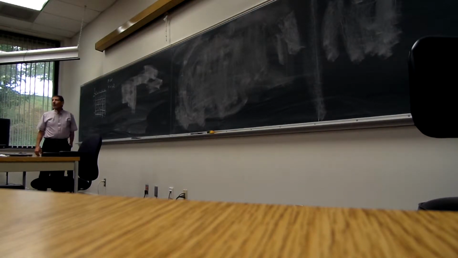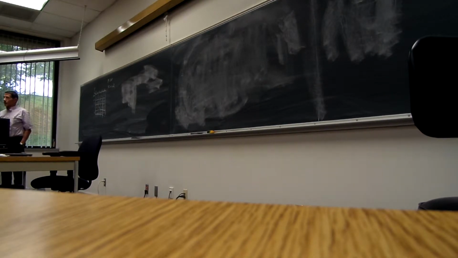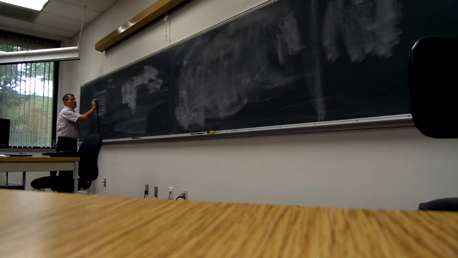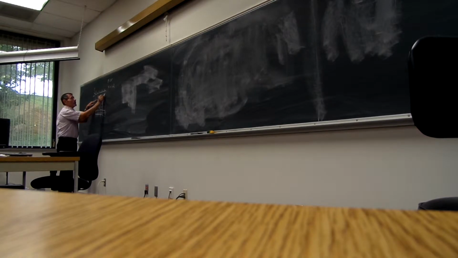So we got 3 more ones to cover. Can we put those into a larger group? Okay, we can do groups of 2, right? So we can cover this one by putting it into a group of 2 here. No, can't do that. But we can go with a group of, that's right.